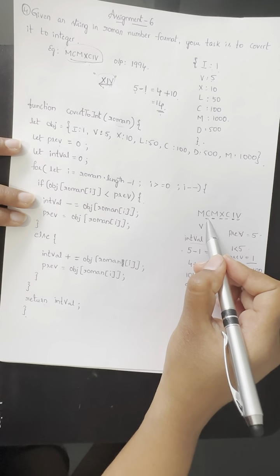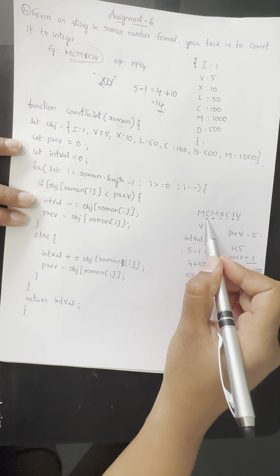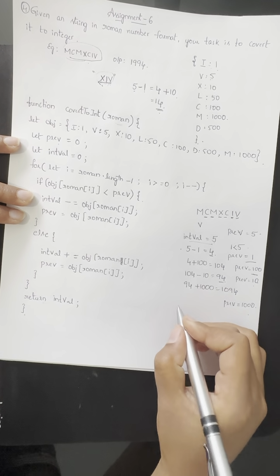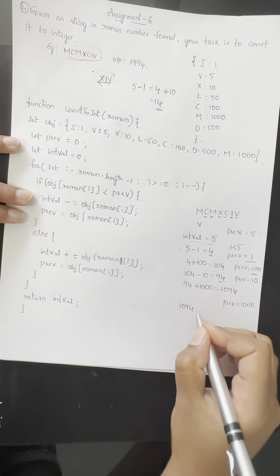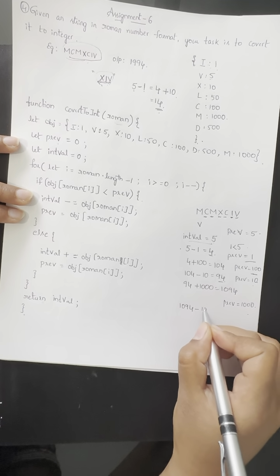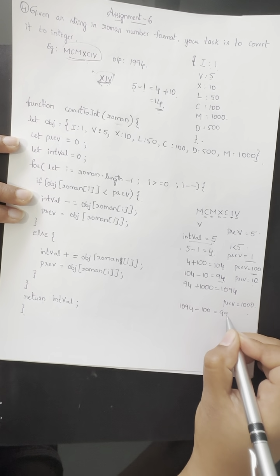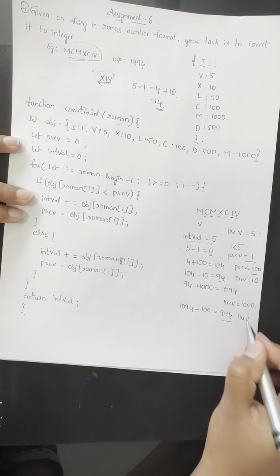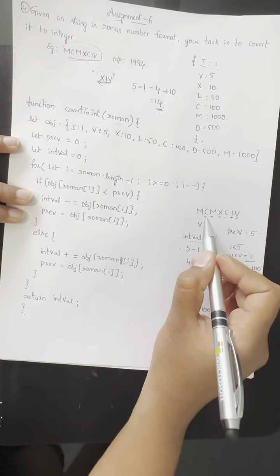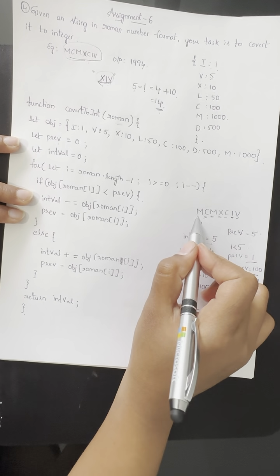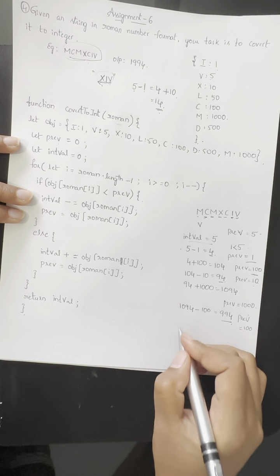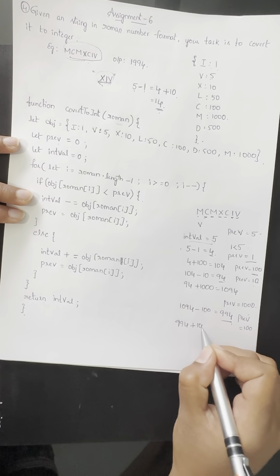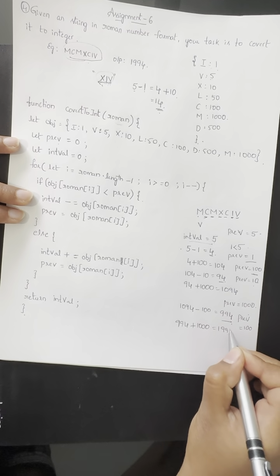Now i is decremented, and it is C, 100. 100 is less than 1000, so we subtract it from the integer value. It becomes 994, and the previous becomes 100. Then i is decremented, it becomes M, 1000, so we add it to the 994, which becomes 1994.